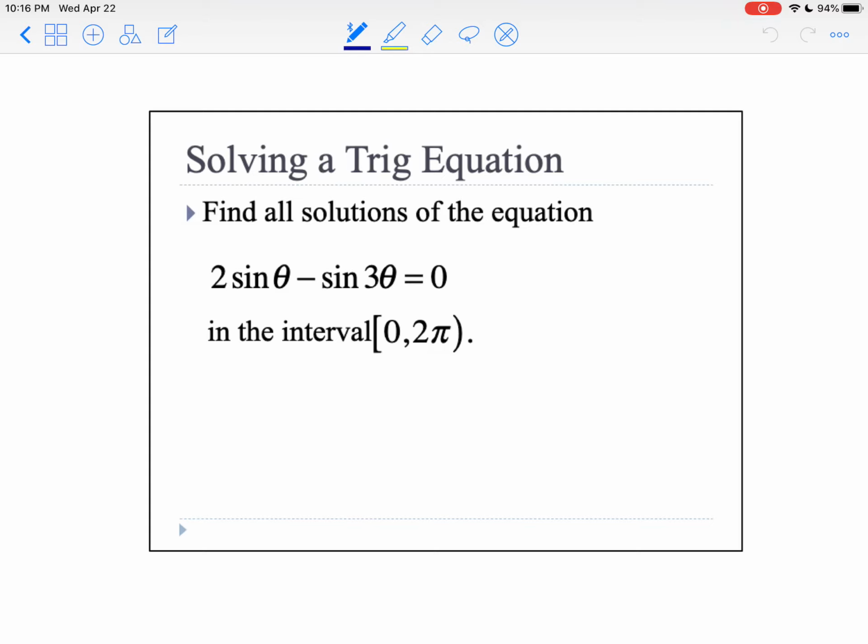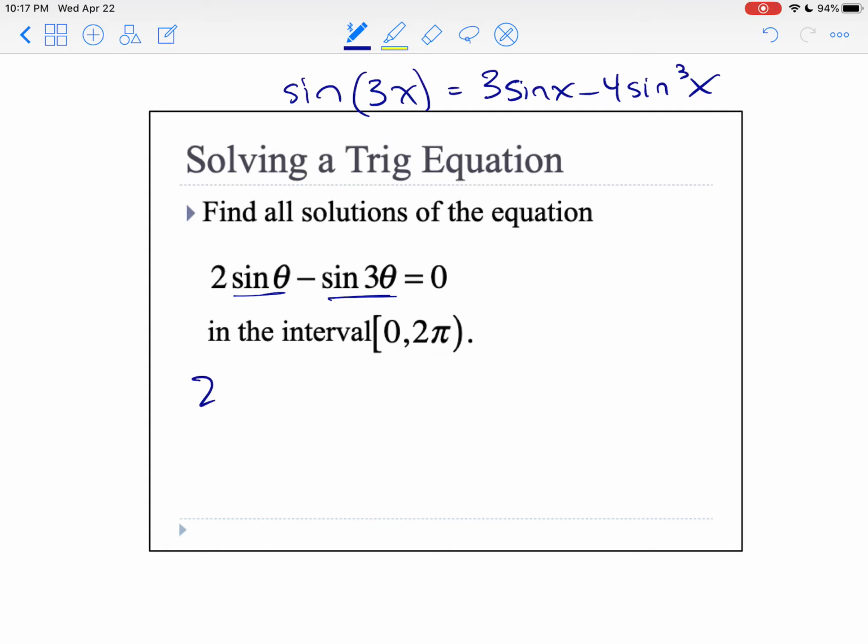So what I'm going to do first is, I can't solve this equation with this sine of 3 theta if I have a sine of theta here. And so I'm going to try to reduce sine of 3 theta to be sine of some other version of theta. Well, luckily, earlier in this lecture, in a previous video, we proved that sine of 3x is equal to 3 sine of x minus 4 sine cubed of x.